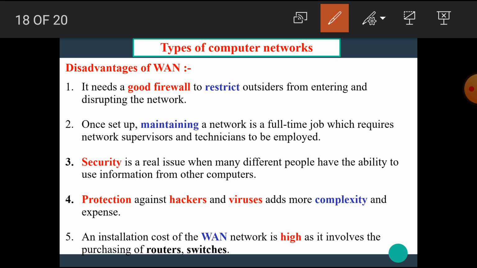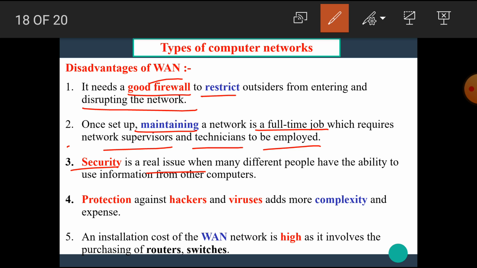Now, there are a number of disadvantages of WAN such as it needs a good firewall to restrict outsiders from entering and disturbing the network. Once set up, maintaining a network is a full-time job which requires a network supervisor and technicians to be employed.